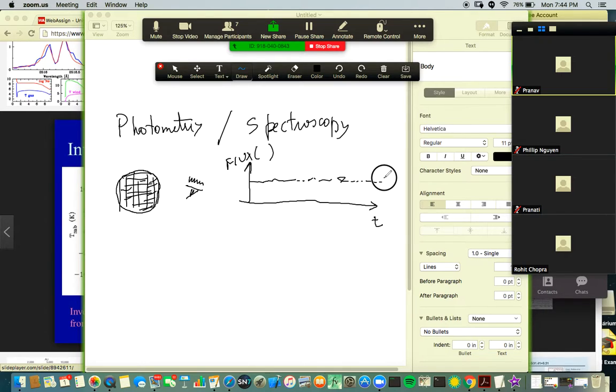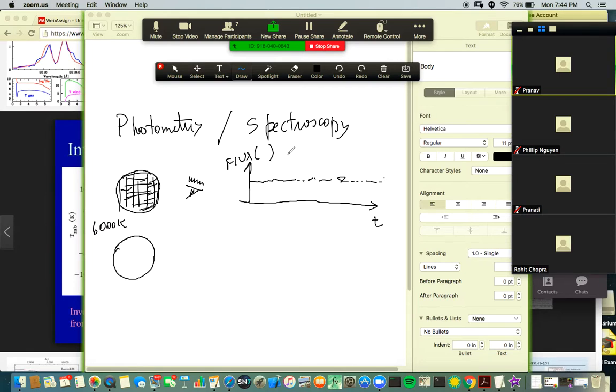So let's make a perfect star. Now, what if the star has spots? Let's say you have a star at 6,000 Kelvin temperature. Let's say you are observing this flux in a given region.